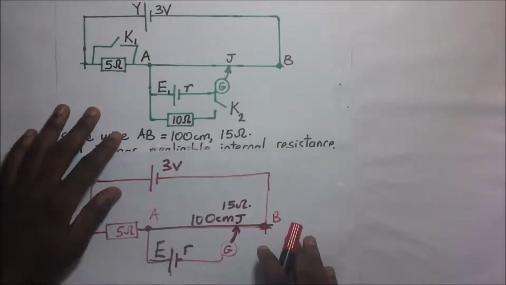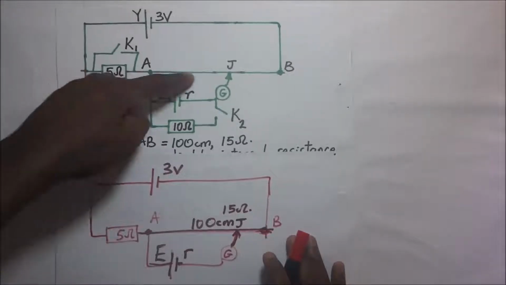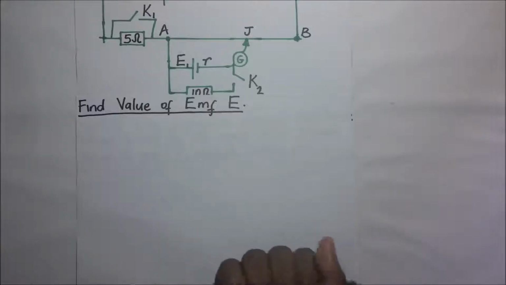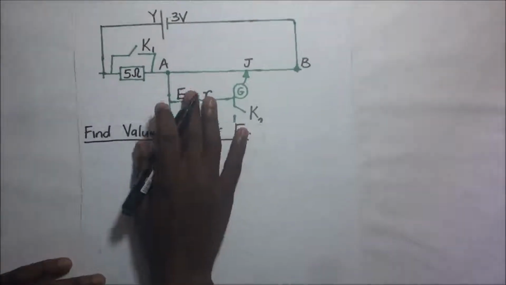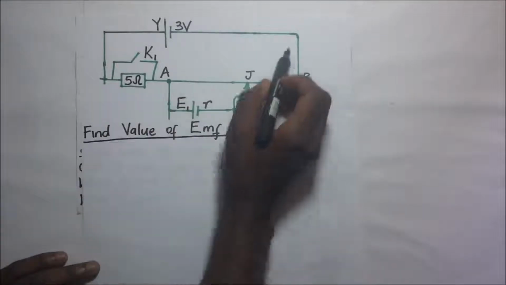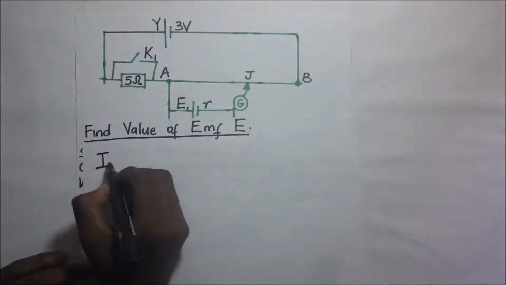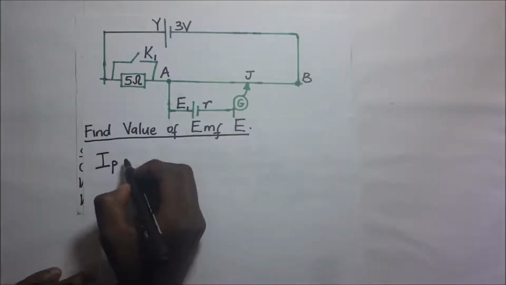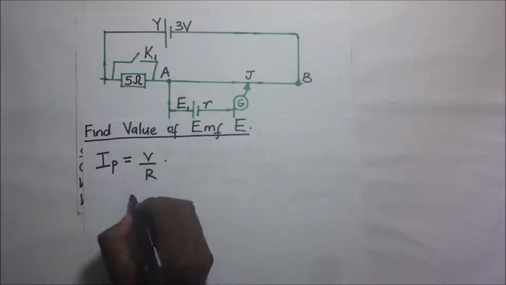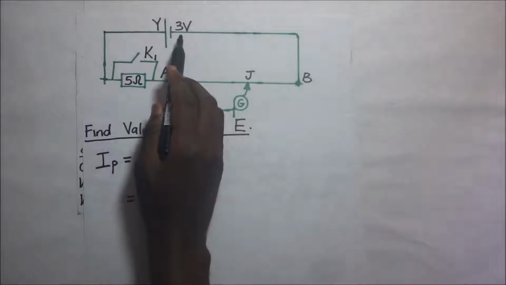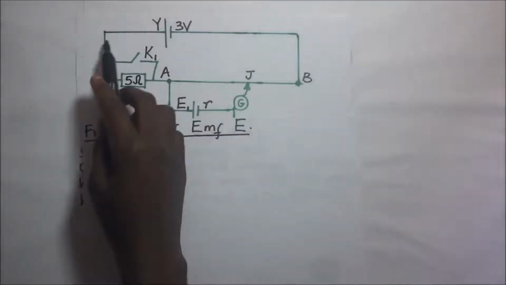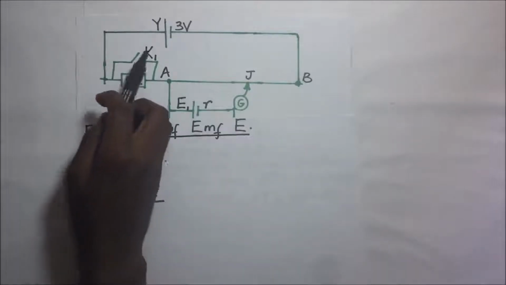First and foremost, we will begin by seeking to find the PD per unit length of the slide wire AB. Just like we did in our previous session, to find the PD per unit length, we first find the amount of current flowing in the primary circuit. That is going to be equal to V over R, and our V here is 3 volts. So it's 3 divided by the effective resistance in the primary circuit when K1 is open.